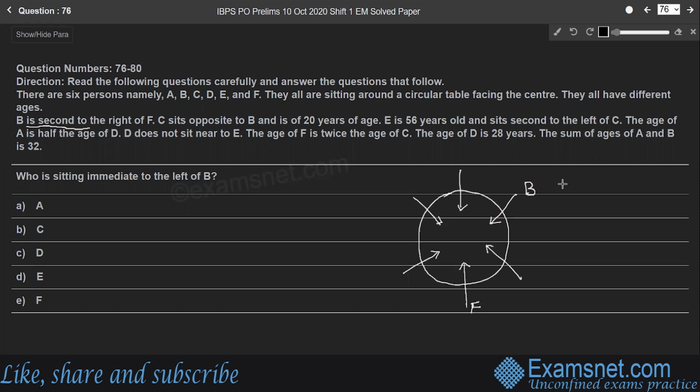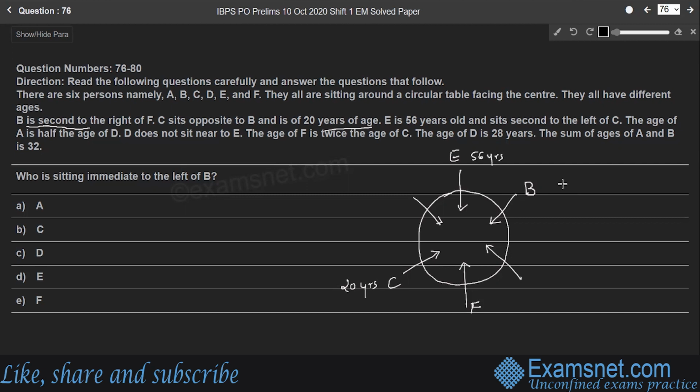And C sits opposite to B. Opposite to B means this position. C sits here and is of 20 years of age. And the next one, E is 56 years old and sits second to the left of C. To the left, second position from C, E is sitting and is 56 years old.